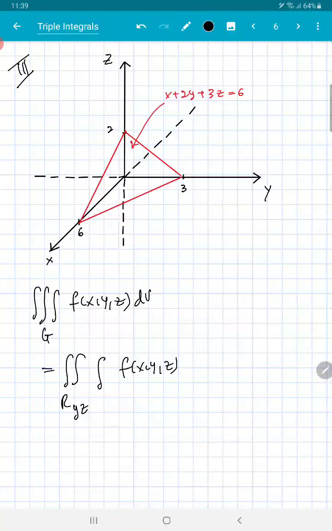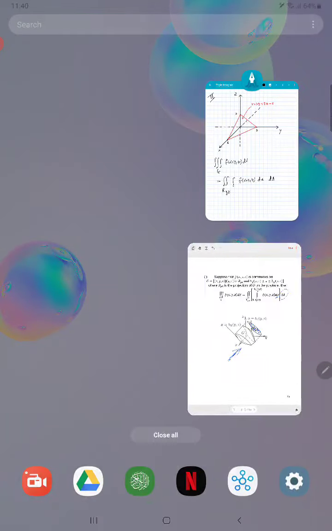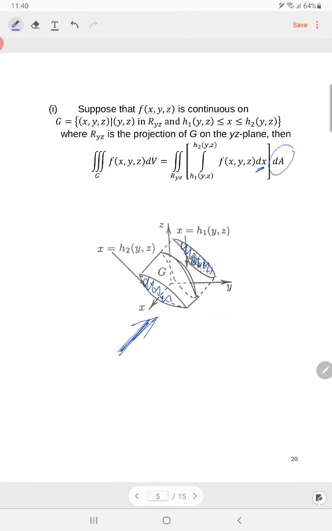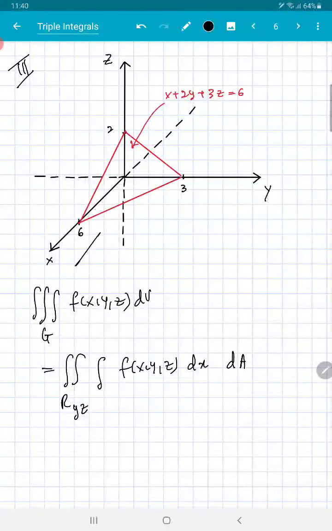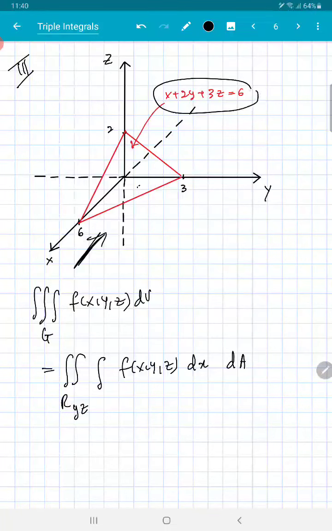So now we need to integrate with respect to x first, and here we have dA. Now we need to figure out the front and the back surface. Looking at our solid here, we'll meet this plane first, so that would be the front surface.